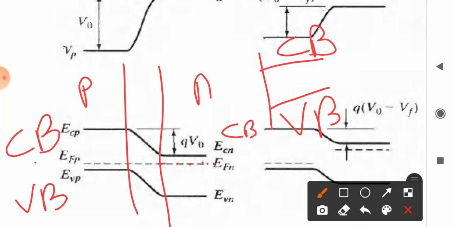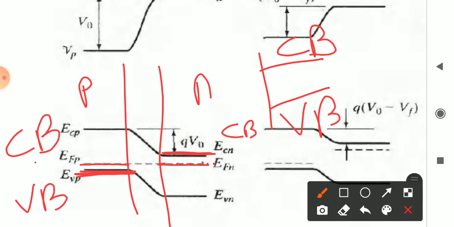How we can draw this is, first we have to draw the Fermi level as well as the conduction band. For an N-type material, the Fermi level is exactly below the conduction band. Similarly, for a P-type material, the Fermi level is exactly above the valence band.